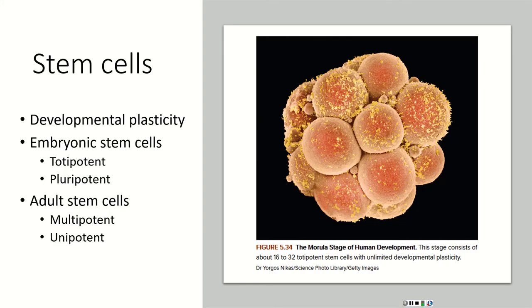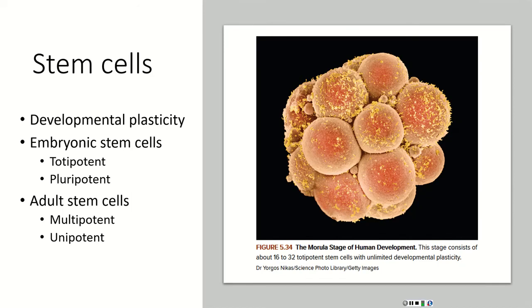So here is that lump of cells that I was talking about before we get to that 3-layer embryonic tissue layout. This is called the morula, and this is very, very early on in embryonic development. Here we have, it says about 16 to 32 cells, and these cells are not specialized, they're not differentiated at all.